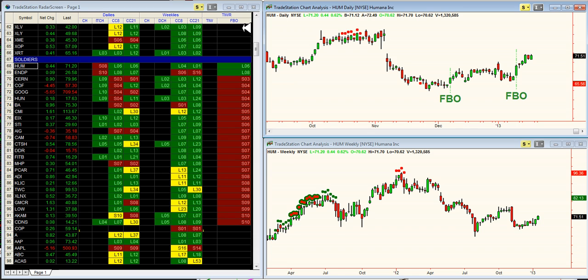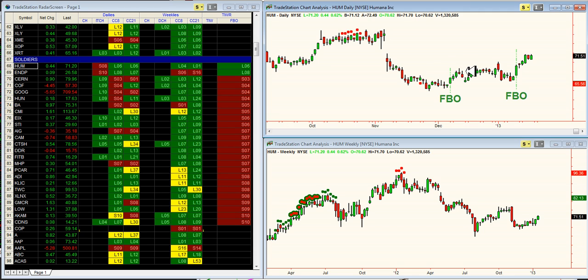That simply means an FBO, a false breakout to the downside, fired 6 days ago. Another one fired about a month and a half ago, and you will see these listed, LO6, 6 days ago. They list them up to the last 10 days. You can see a There It Was OR signal, green, fired on HUM.